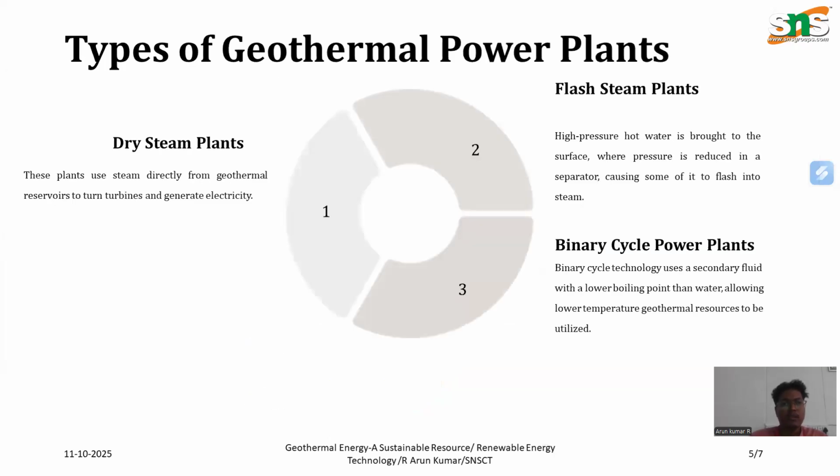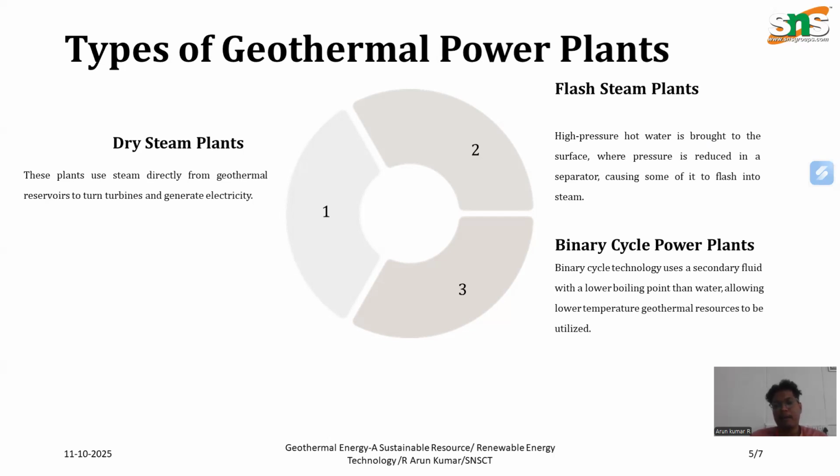What are the types of geothermal power plants? We classify them into three major types: dry steam plants, flash steam plants, and binary cycle plants. Dry steam plants use steam directly from the geothermal reservoir to drive the turbine and generate electricity. In flash steam plants, high-pressure hot water is brought to the surface, where the pressure is reduced in a separator, causing some of it to flash into steam.